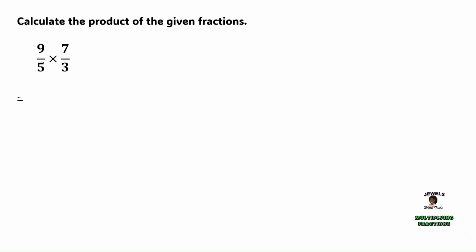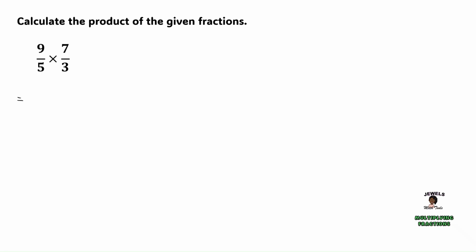Or I can even simplify across fractions between a numerator and a denominator, like 5 and 7 or 9 and 3. But never simplify a fraction between two numerators, like 9 and 7, or between two denominators, like 3 and 5. Whenever you simplify a fraction, it has to be between a numerator and a denominator.